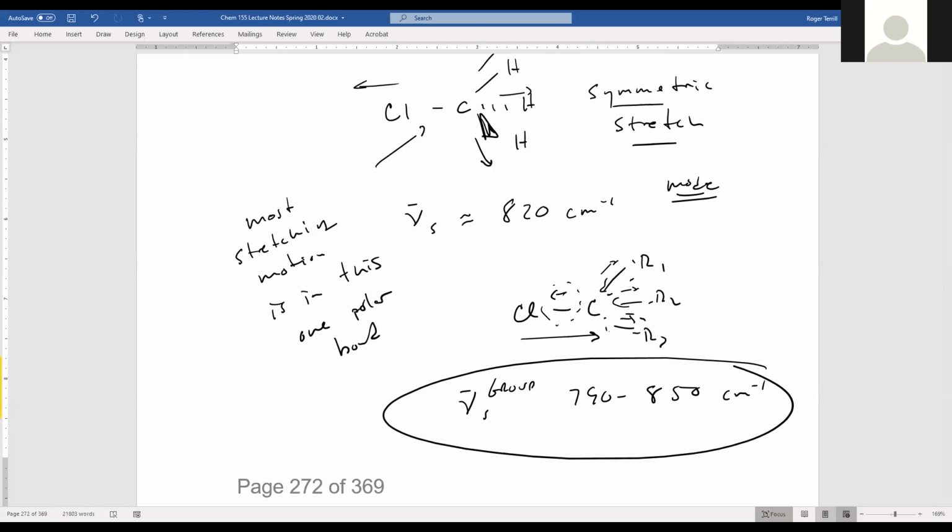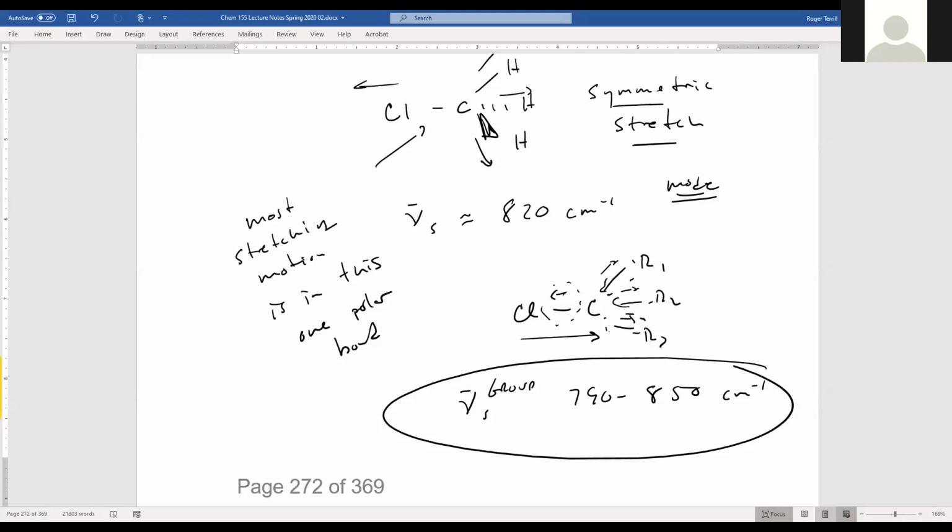Most of the stretching motion is in that one bond, and there's a small amount of kickback in the R1, R2, and R3, just enough to offset the mass of the CCl bond. The same happens in chloroform. The R groups are more complicated just because the Cl is heavier. Right, exactly. Excellent. Good.